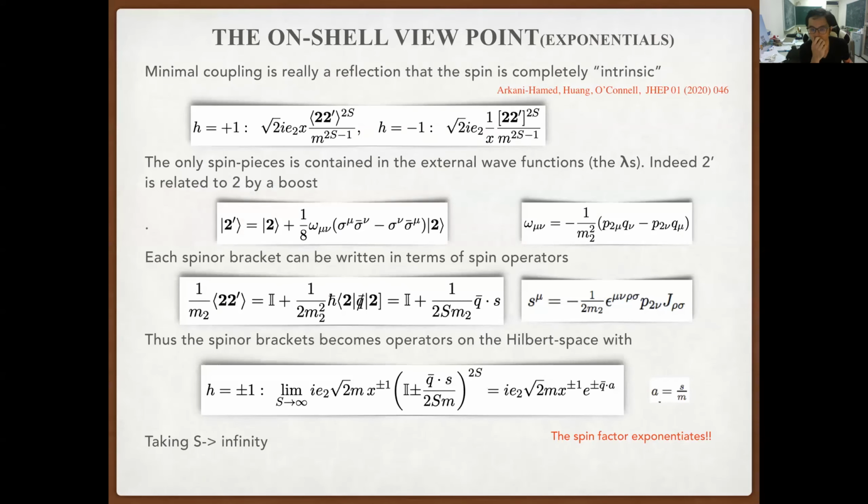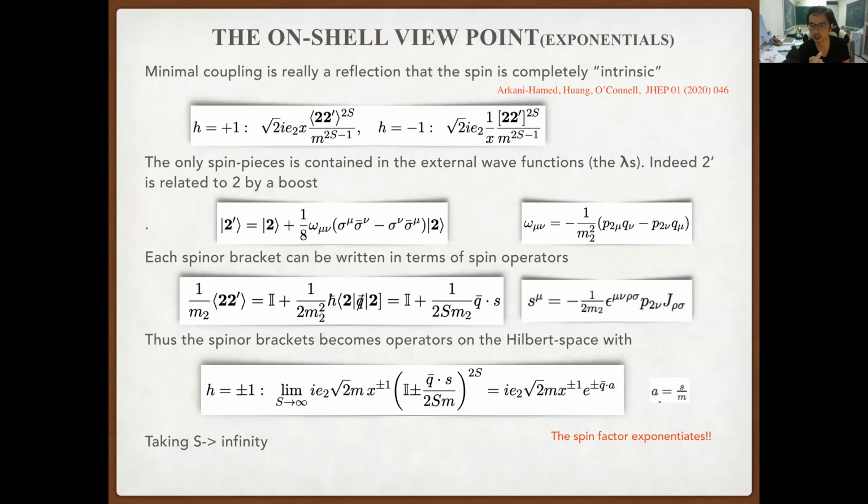Now, furthermore, this also tells us that the spin associated with this minimally coupled object is completely intrinsic, because the only thing that has spin in here is the two spinor brackets. The 2' and 2 correspond to incoming and outgoing momentum. Since the outgoing momentum is given by a Lorentz boost of the incoming, the 2' bracket is given by the 2 bracket times the Lorentz rotation.